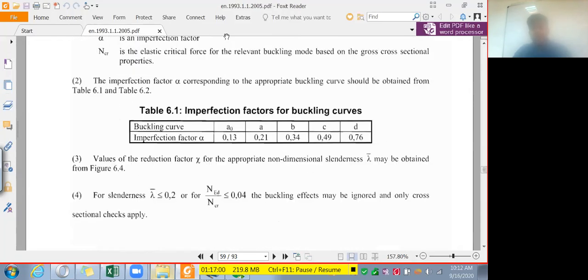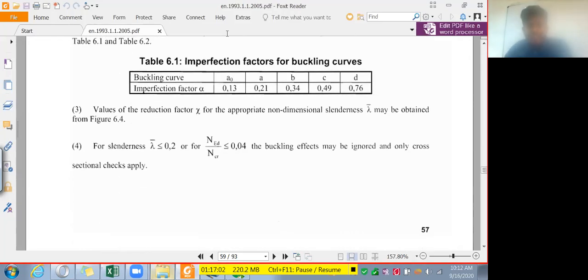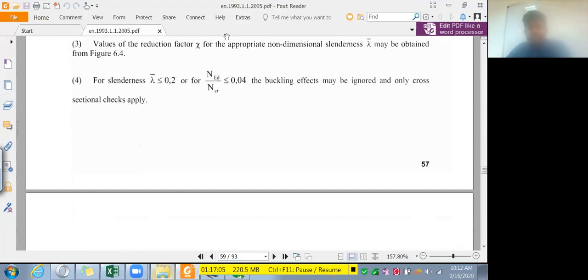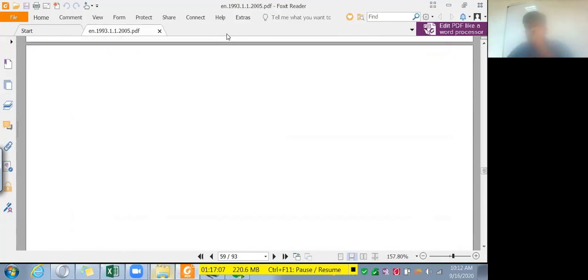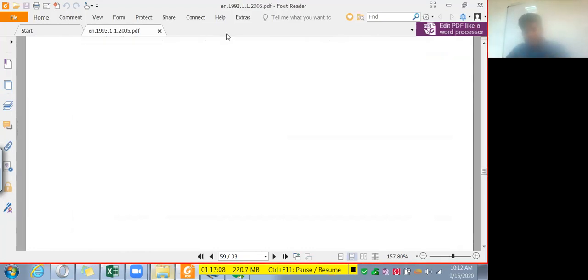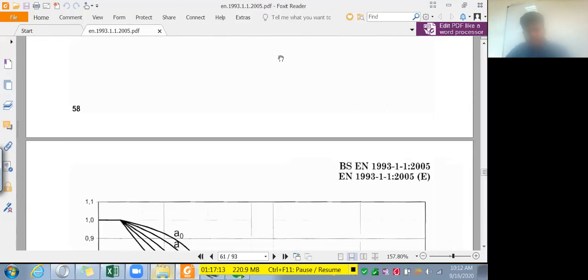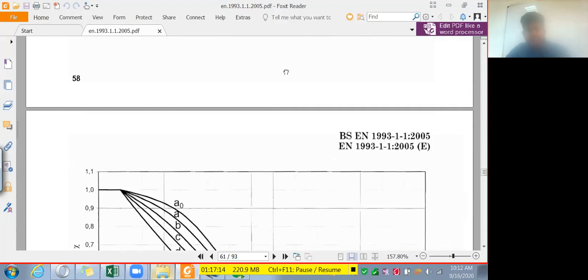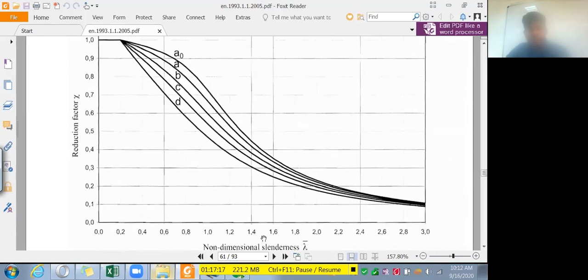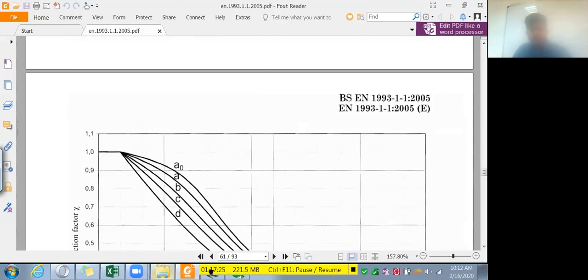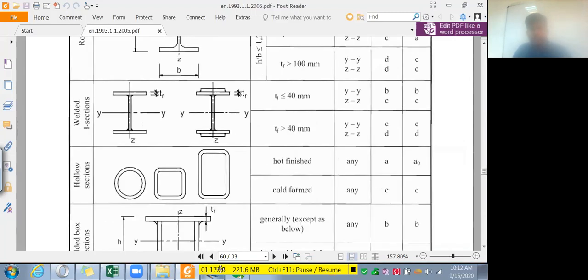Based on lambda bar, if you go to this chart, the reduction factor for the relevant lambda bar can be obtained approximately using this chart. If you know this, which curve should you refer to? That is given here.